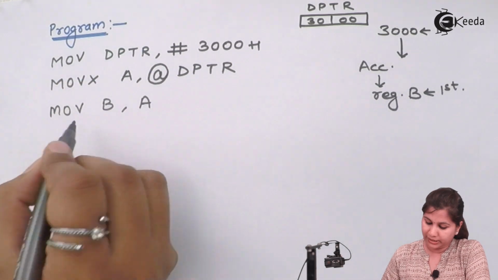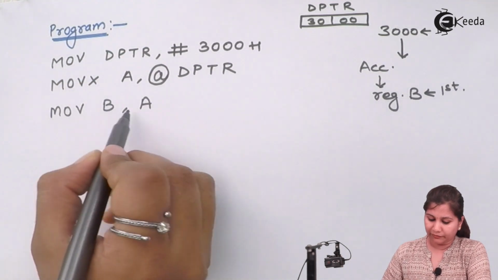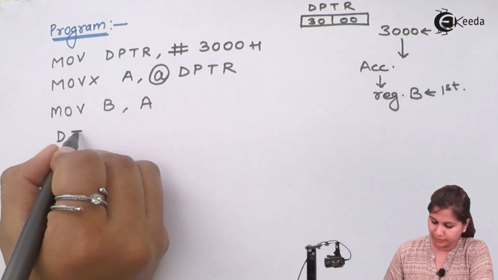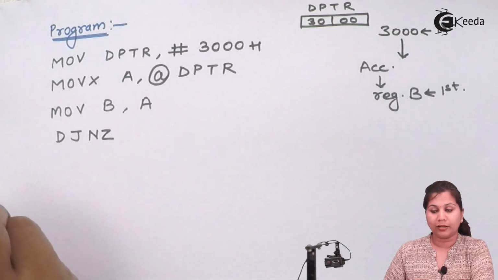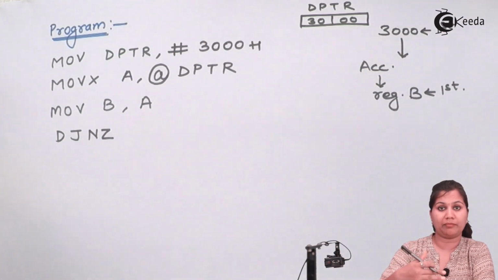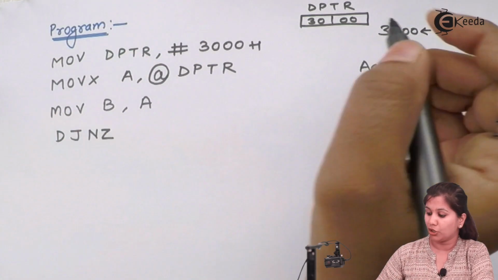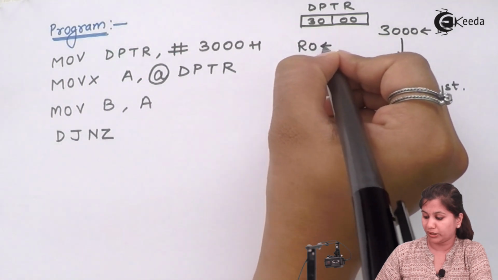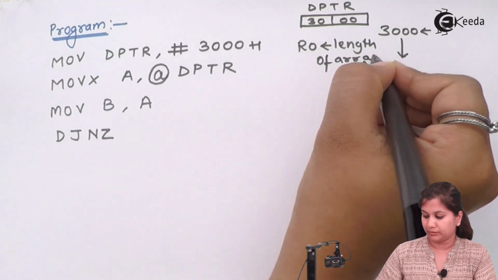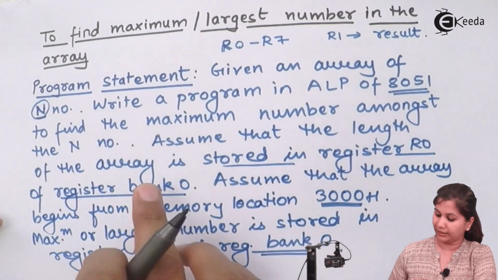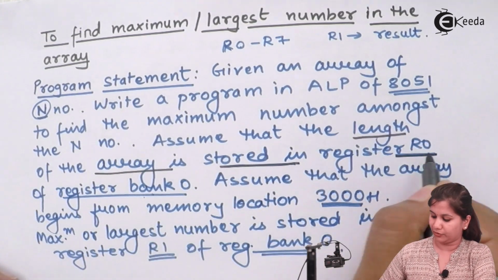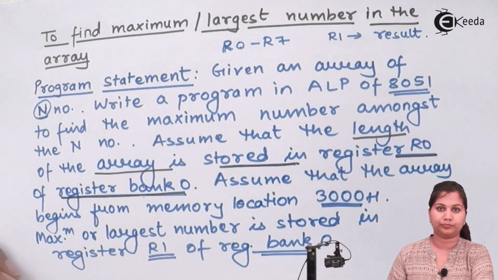Now next step will be, when we have moved this, then we will decrement our array count, because how many numbers are present here from 3000H up till which memory location we have stored those numbers. So that is the length of the array, stored in R0. That is already given to us in the question, that we have to suppose that the length of the array is stored in register R0 of register bank 0.